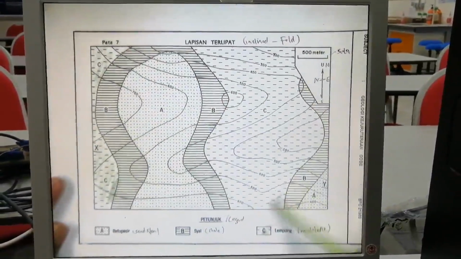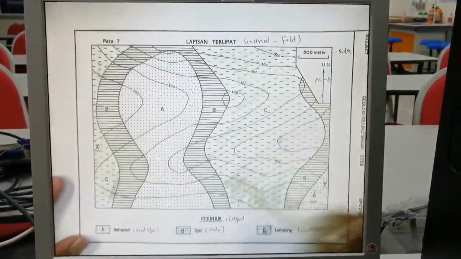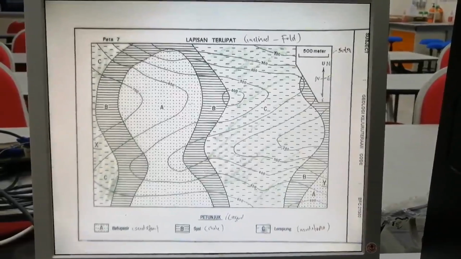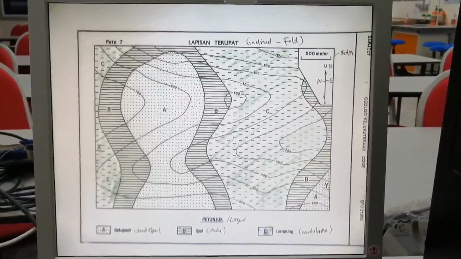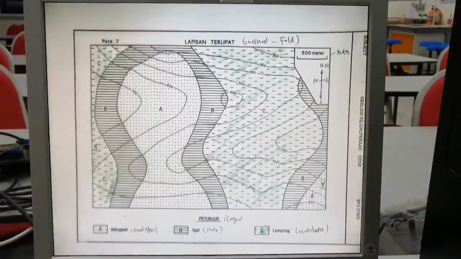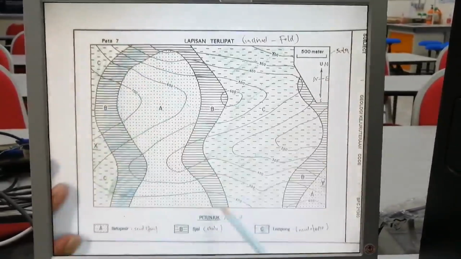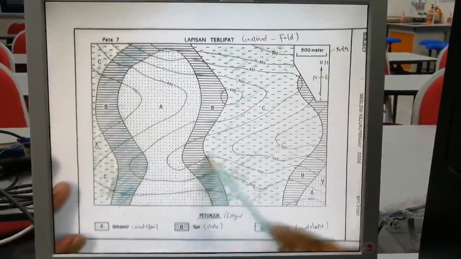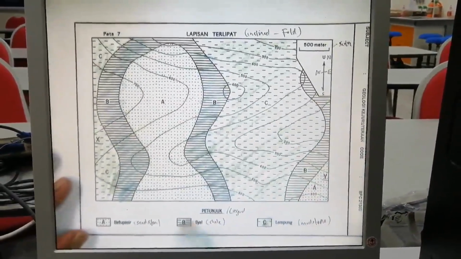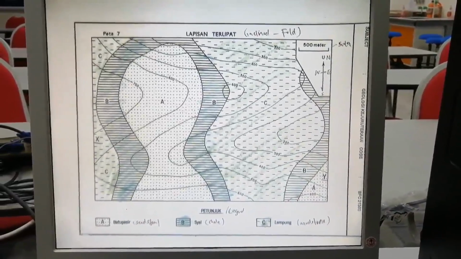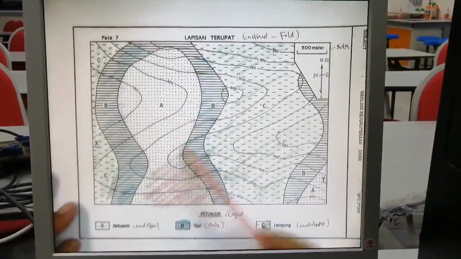It's good to color maps. Blue. See, color. And then E here, blue. And finally we have sandstone, red.